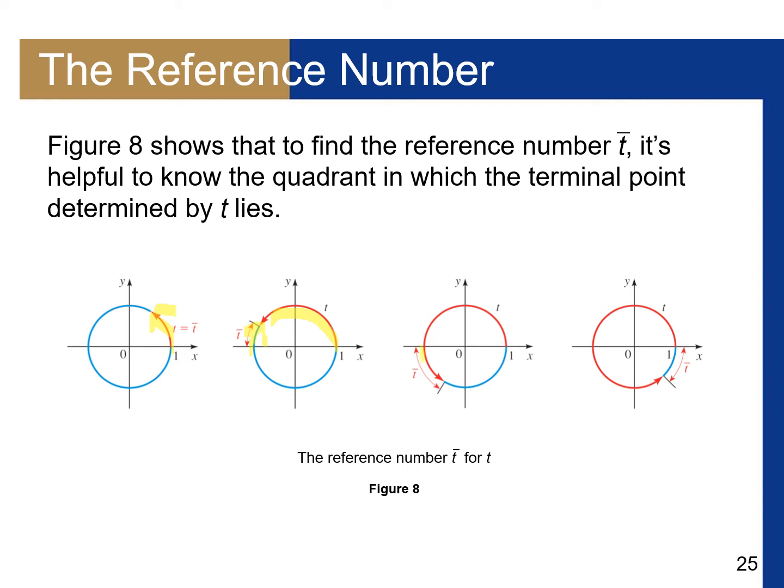Also, from here to here is the same distance as it was in quadrant 1, and from here to here, the same distance as it was in quadrant 1. On the second one, I'm in quadrant 2. Now I'm in quadrant 3, and then I'm in quadrant 4. So these reference numbers are all t-bar.